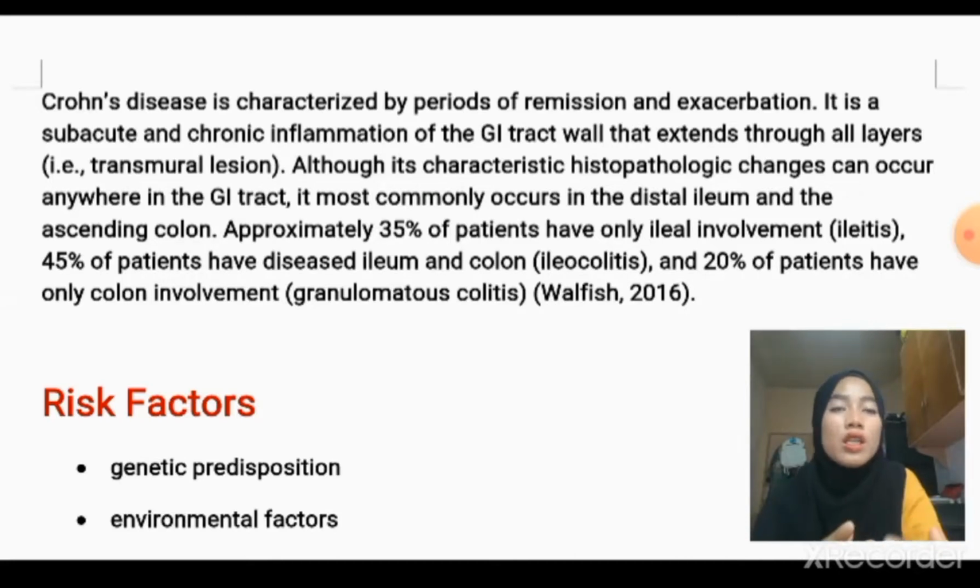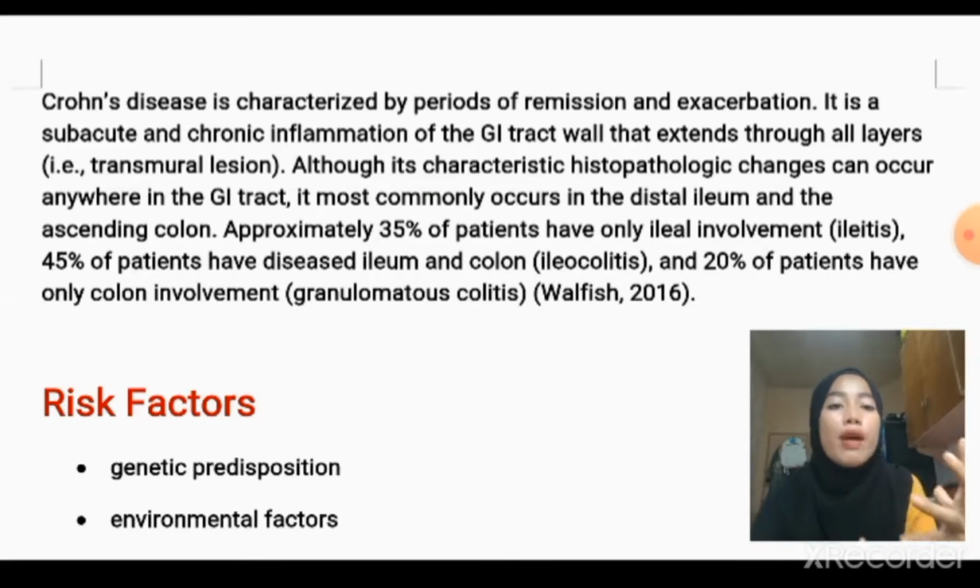Although it is characteristic, histopathologic changes can occur anywhere in the gastrointestinal tract. It most commonly occurs in the distal ileum and the ascending colon.